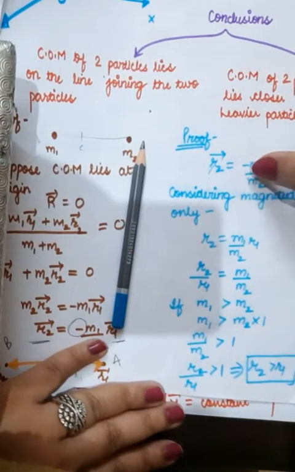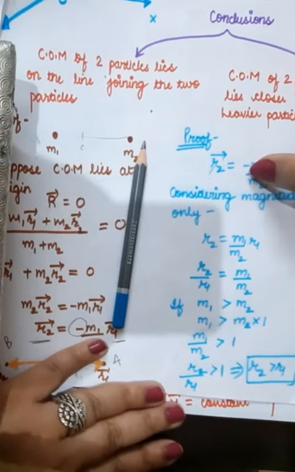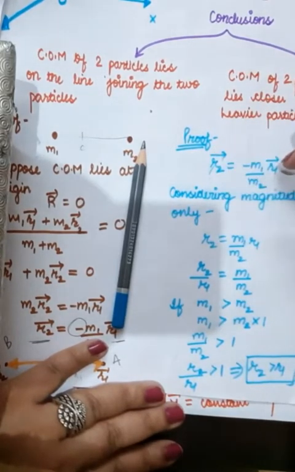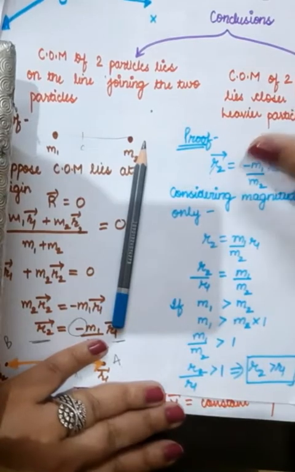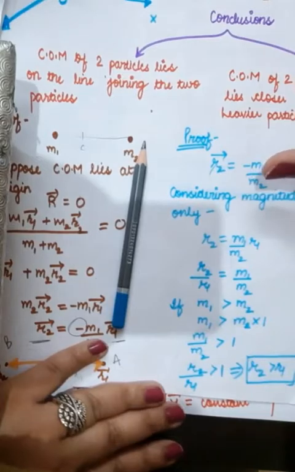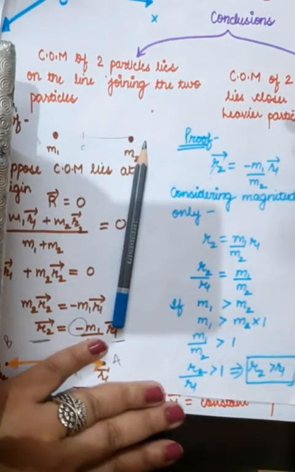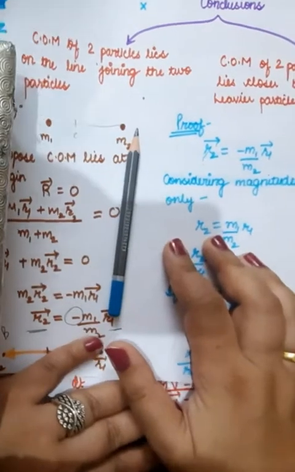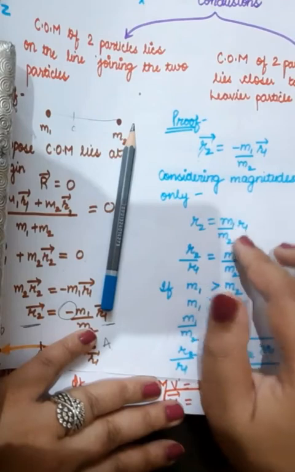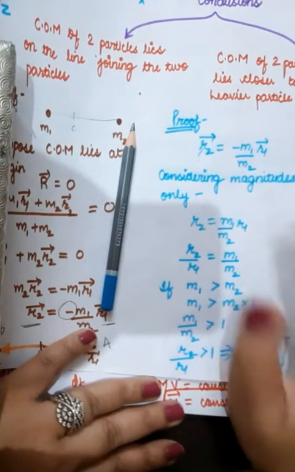I need to ignore this negative sign also, because this negative sign has been established between two vector quantities. Reason being, I am going to consider the magnitudes only. So this is what I am going to get: R2 equals to M1 divided by M2 R1.